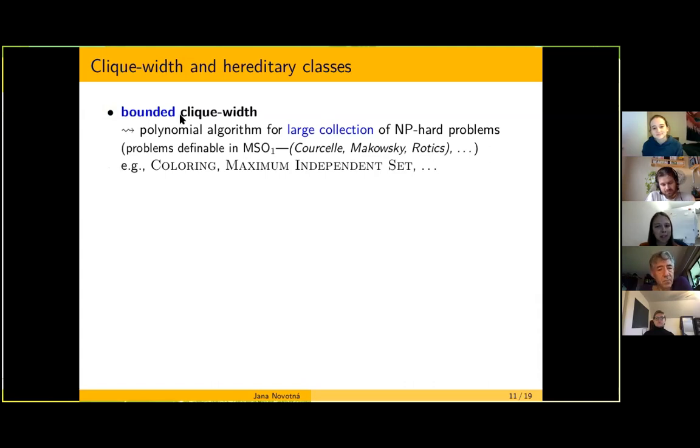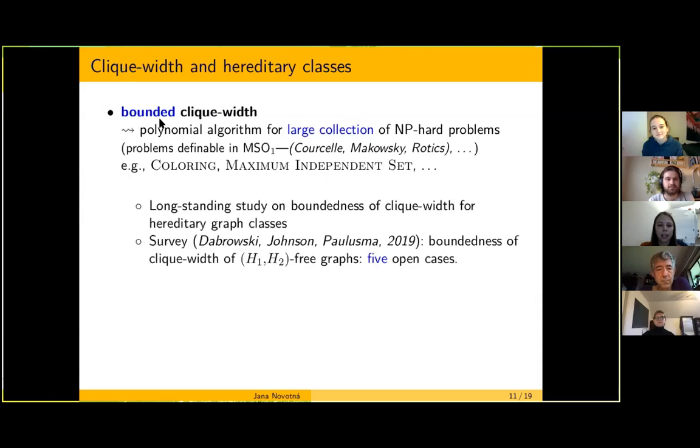So having bounded Clique-width is a really nice property. And there are lots of results on the boundedness of Clique-width for hereditary graph classes. For example, there is a survey by Dabrowski, Johnson, and Paulusma about the boundedness of Clique-width of (H1,H2)-free graphs, and they left only 5 open cases.